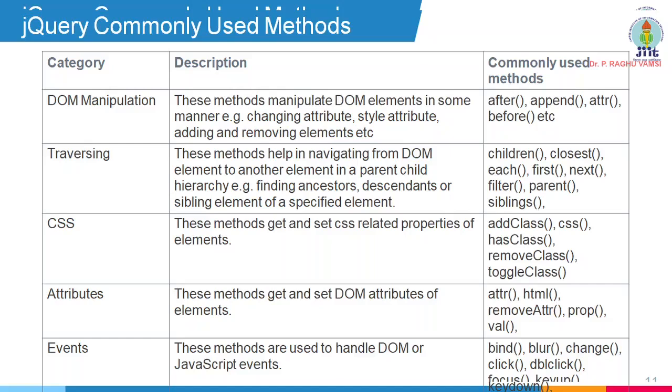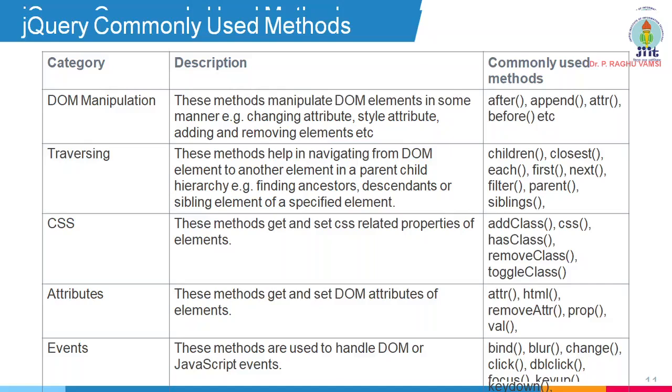Cascading style sheet: these methods get and set CSS related properties of elements. addClass, css, hasClass, removeClass, toggleClass are the most commonly used functions. Attributes: these methods get and set document object model attributes of elements. attr, html, removeAttr, prop, val are popularly used.